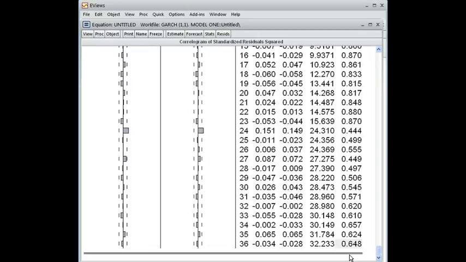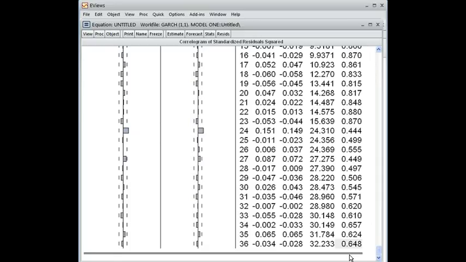So we cannot reject the null hypothesis, meaning that the GARCH model with normal distribution has no serial correlation. That is a good sign.